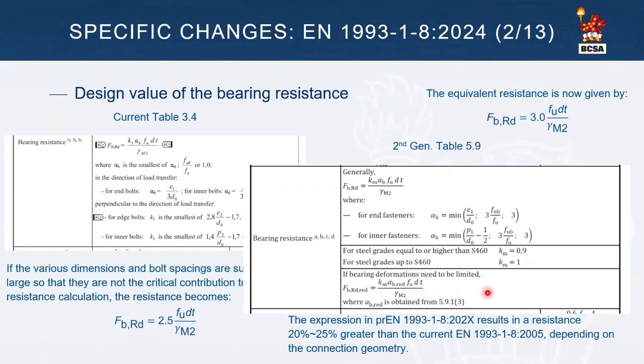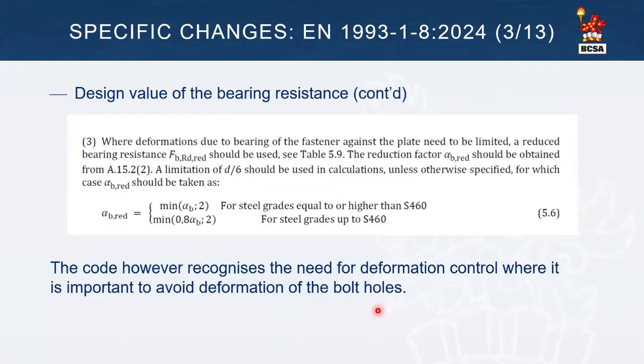I would also like to draw your attention to this requirement here. As you know, bearing design is more concerned with avoiding excessive hole deformations than with avoiding actual failure of the connection. And the code recognizes this and therefore gives a limitation to the bearing resistance in these cases by bringing in this factor alpha_b,red for reduced. And this is given in paragraph 3 of 5.9.1.